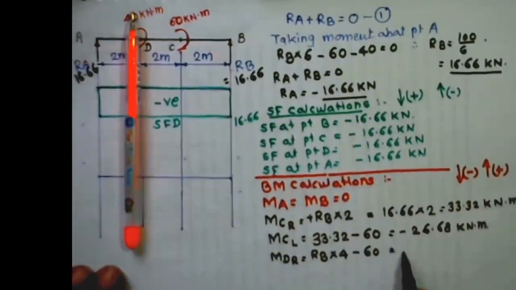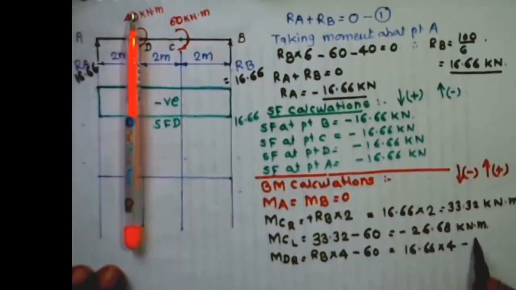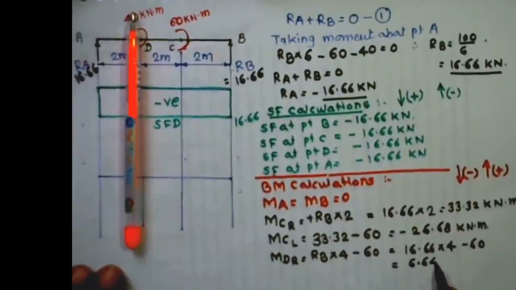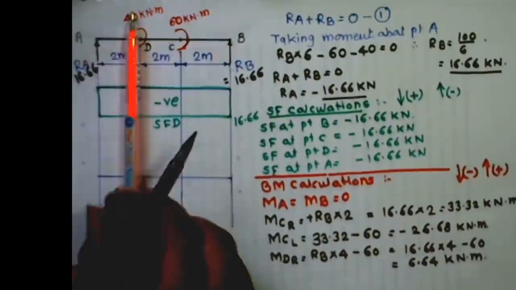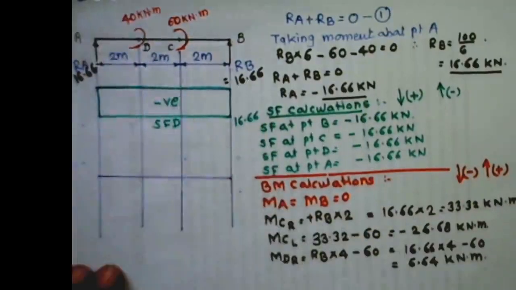So RB means 16.66 into 4 minus 60, so this value is 6.64 kilonewton meter.